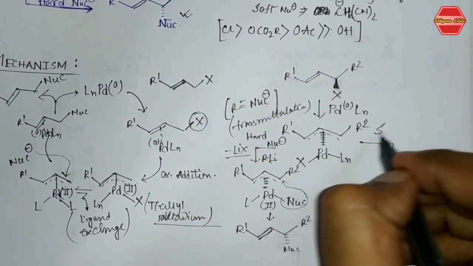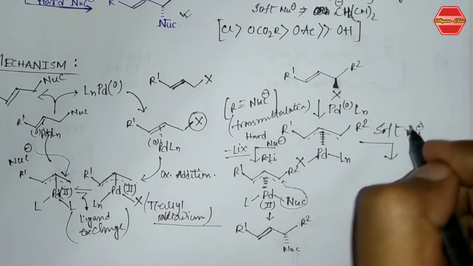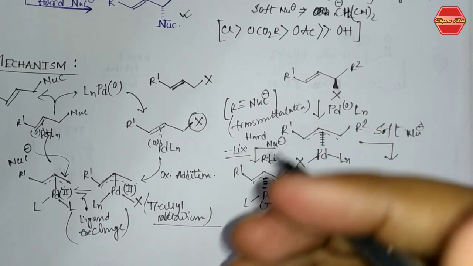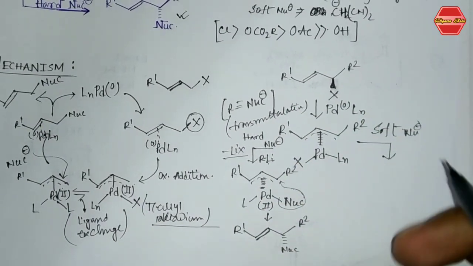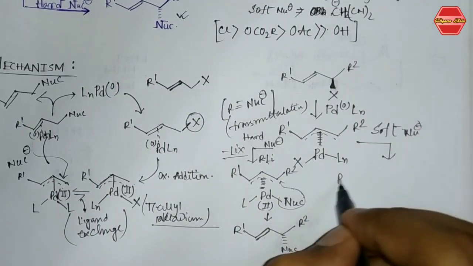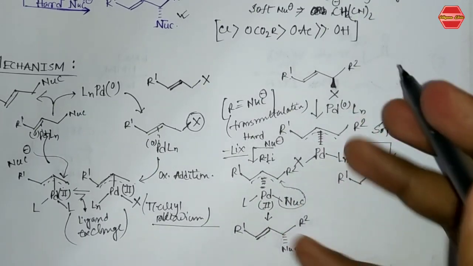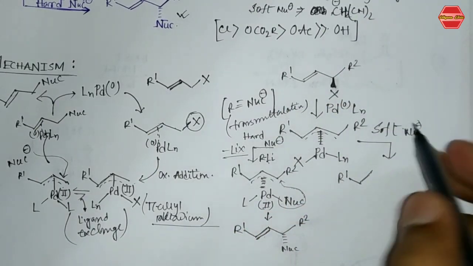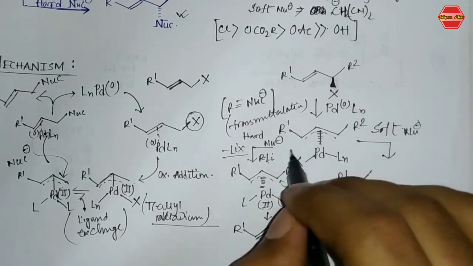What about the soft nucleophile? Now the soft nucleophile is basically the substitution, it first inverts, and then another inversion, and you are going to get this same kind of product like this. But what about this one? This is your common intermediate for both cases. If you use the soft nucleophile, this nucleophile directly attacks over here, and this leaves from the system.